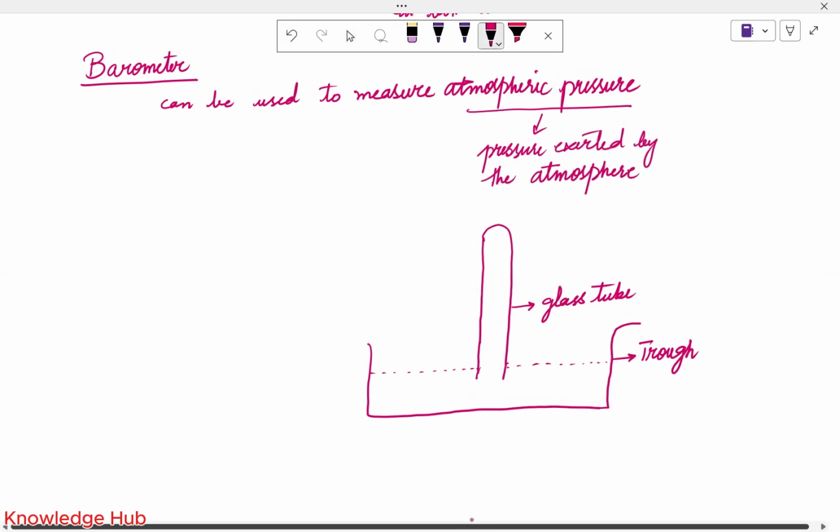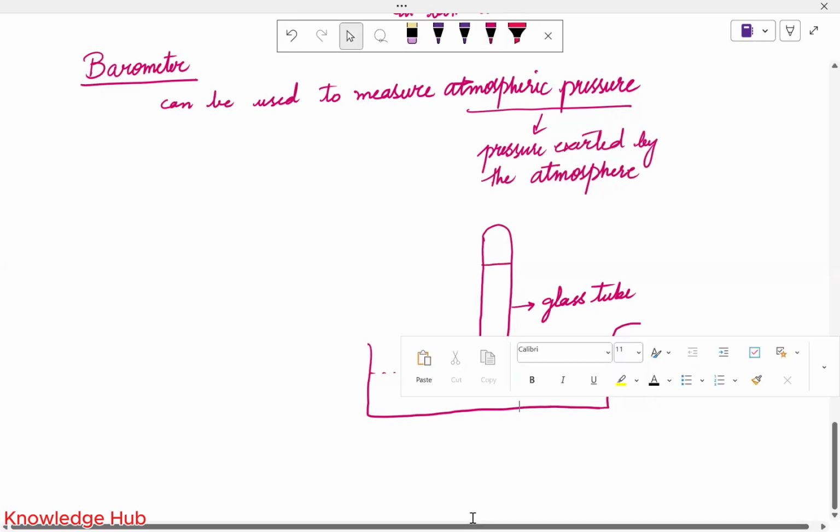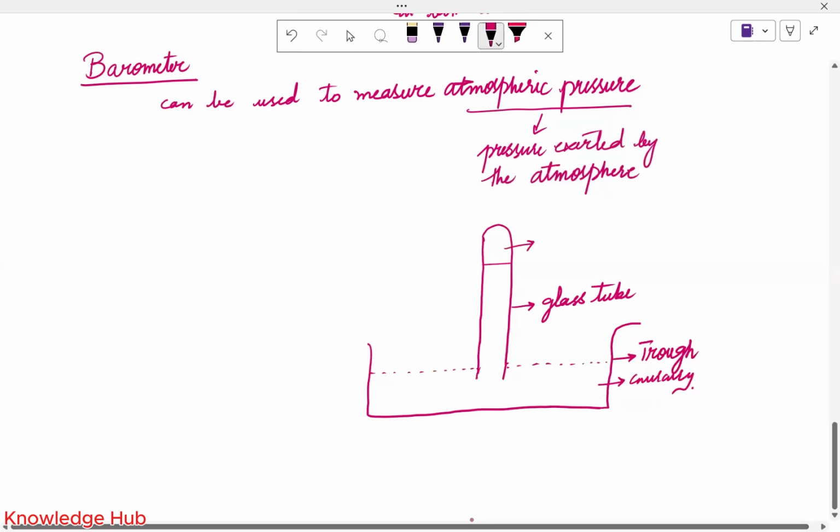And what happens when it is inverted into the trough that also contains mercury? A region is formed which is vacuum here. Vacuum means that it contains no air.